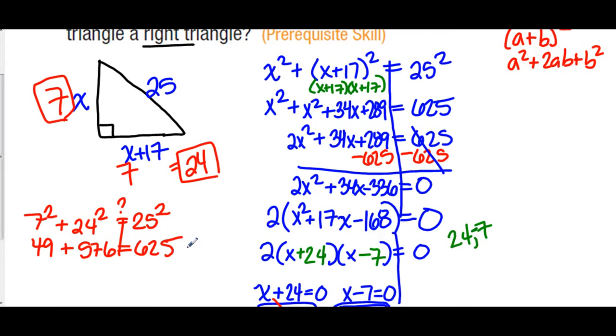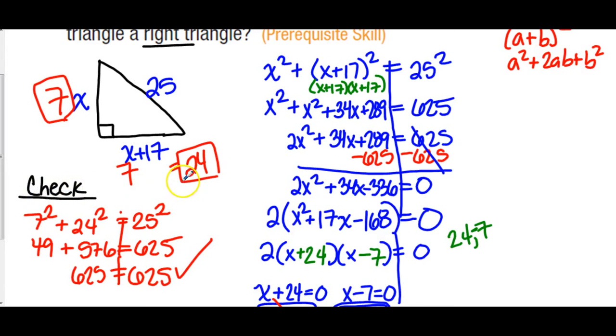Let's see, 576 plus 49, drum roll please. We do get 625 equals 625. That's the nice thing about having a picture and a shape to work with. We do have the ability to go back and check. So, this is a reminder that you can go check your answer.